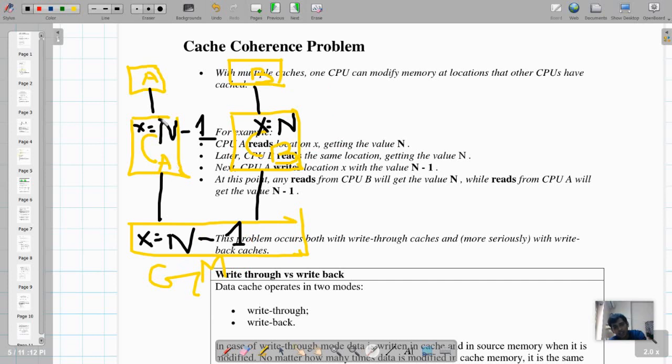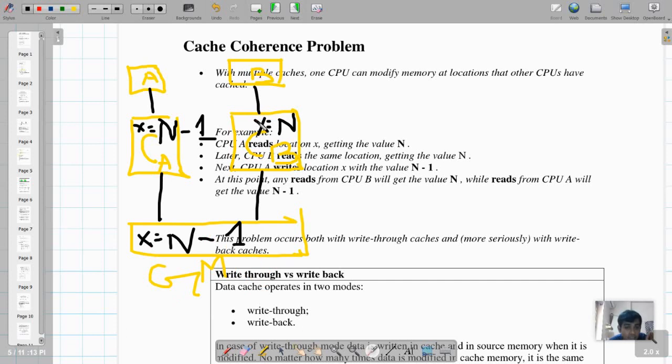If you look carefully into the entire situation, what happens? Now cache A or processor A has access to the latest value of X, as well as the latest value of X is available in the general purpose main memory also. However, if after some time B requires the same piece of information, it is not going to look into the general purpose main memory for this item X. Why?